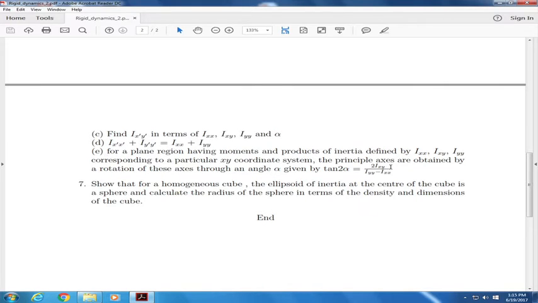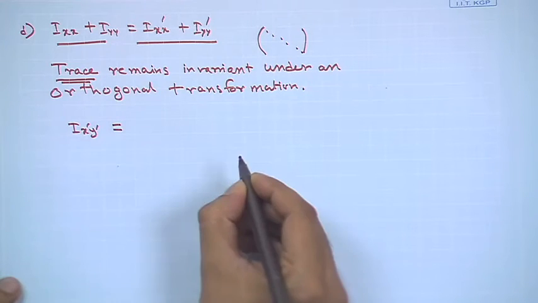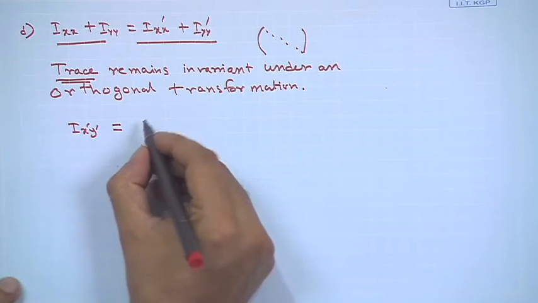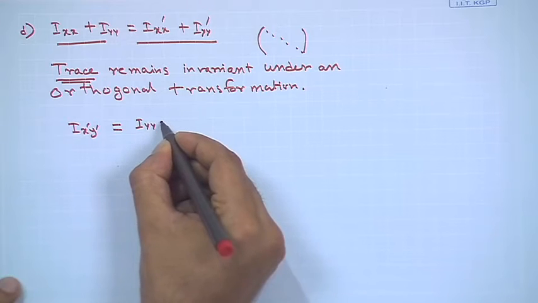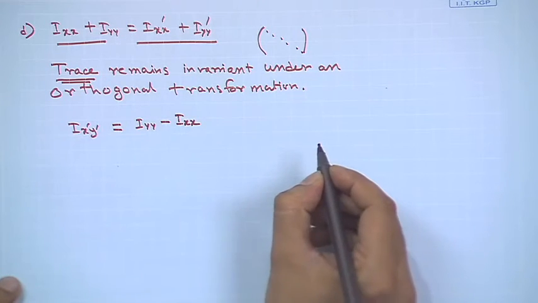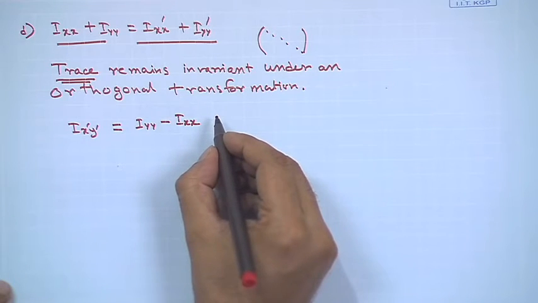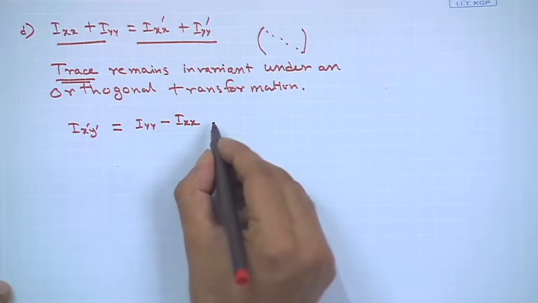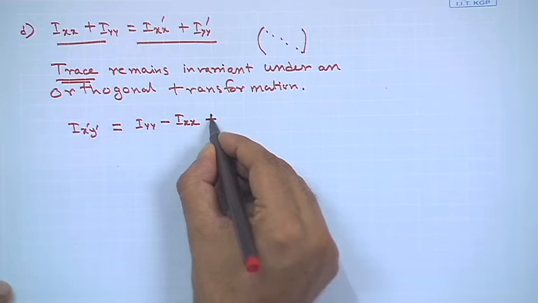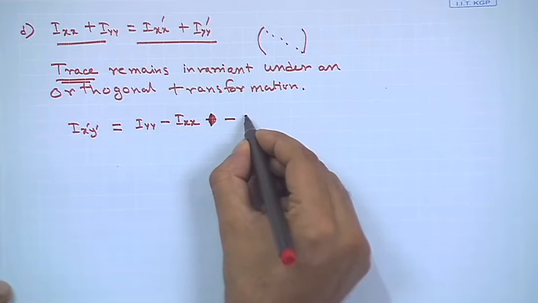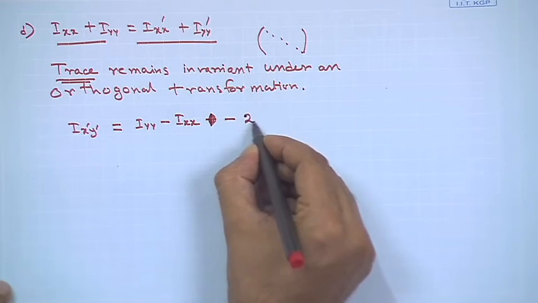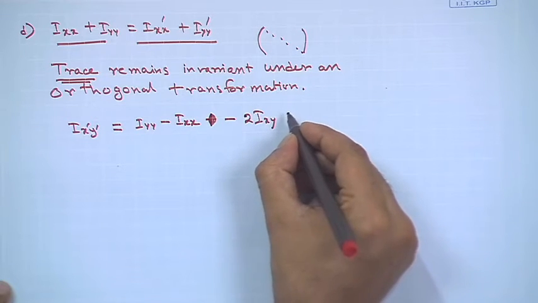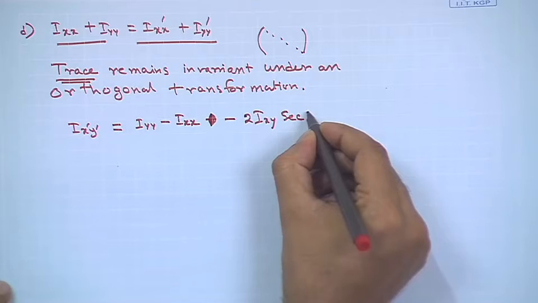If you calculate the expression for I x prime y prime, you will find that it will give you something like I yy minus I xx, just a minute, I yy minus I xx, sorry, it will be plus, it will be minus 2 I xy sec 2 alpha.